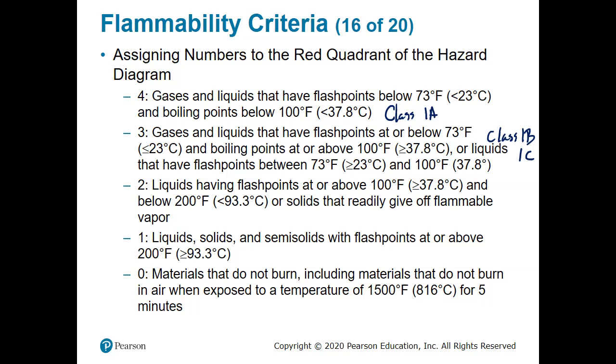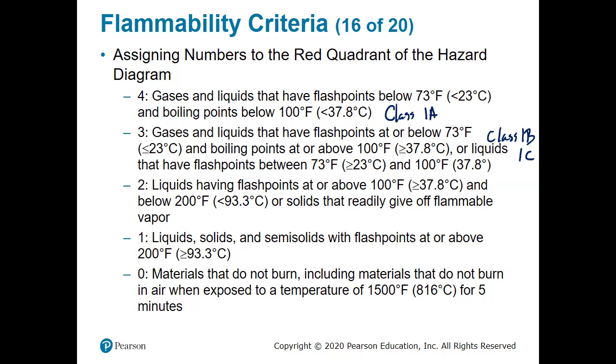If a gas is flammable, it automatically goes up to 3 or 4 just from that. Because again, its boiling point would have to be on the lower side for it to be a gas, which means it's already kind of dangerous in that regard. So if it's flammable and gaseous, put it in 3 or 4 automatically, depending upon where it is.